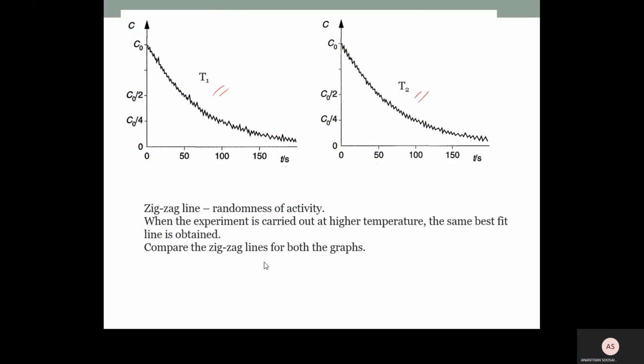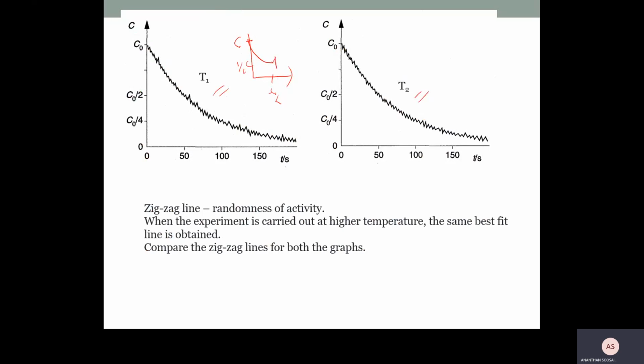You learned this last time in Form 5, right? At time 0 the activity is, let's say, C. After exactly one half-life, the value must be half of C. But in reality, when you do the experiment, at the half-life the reading could be a little higher than half C or a little lower.